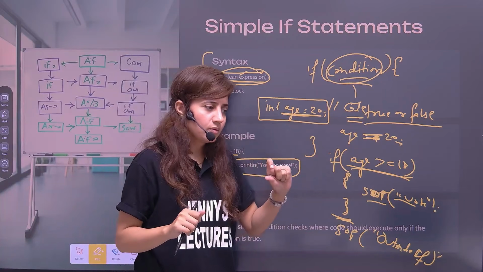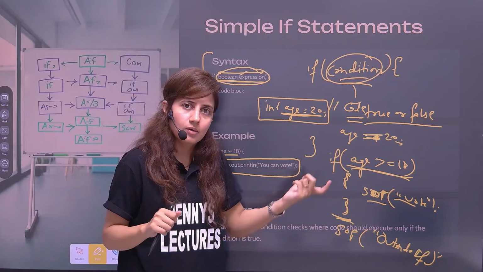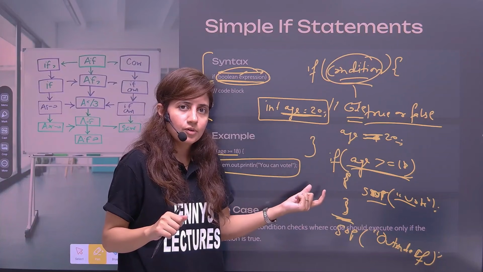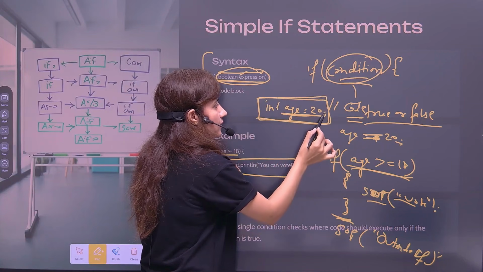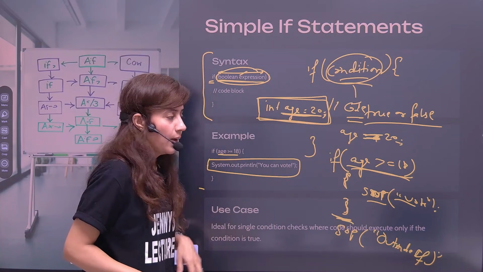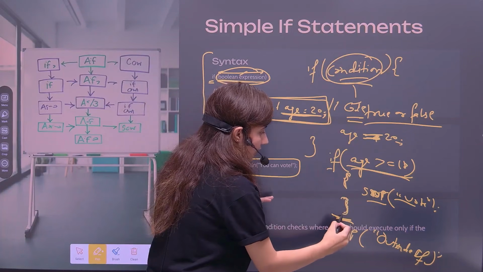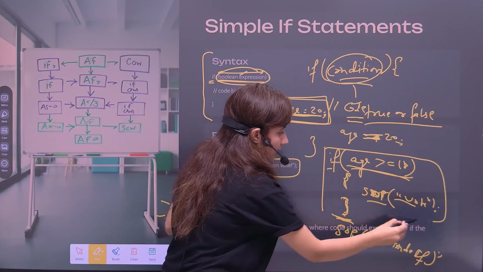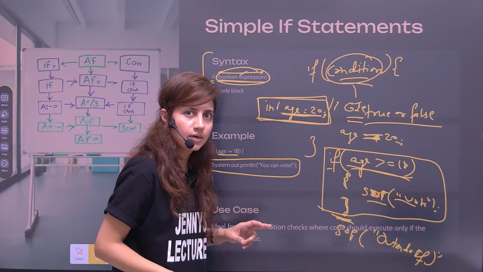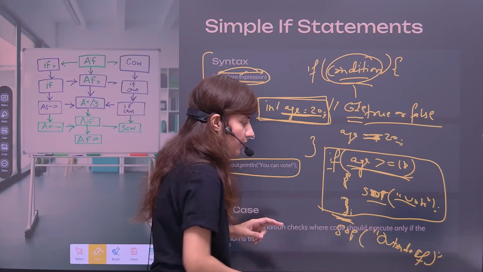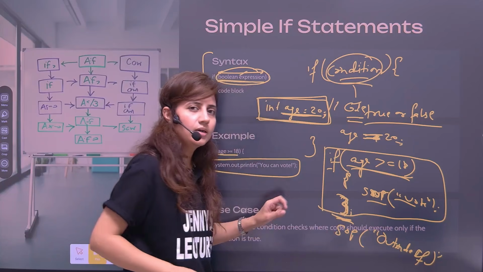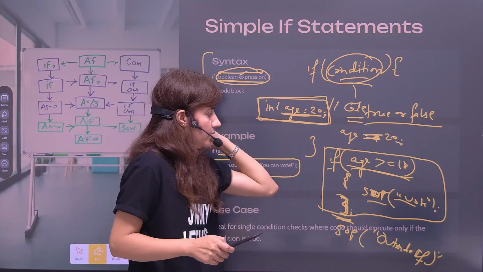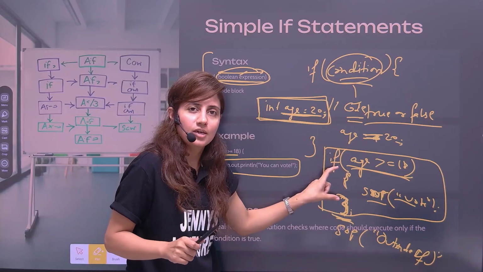Statement means those are executable by the JVM. So this complete is a statement. Generally statements end with a semicolon. But here this if, until here, is also a complete statement. This is executable, right? But it does not end with a semicolon, because one reason may be that this closing bracket indicates that this is the end of the statement.